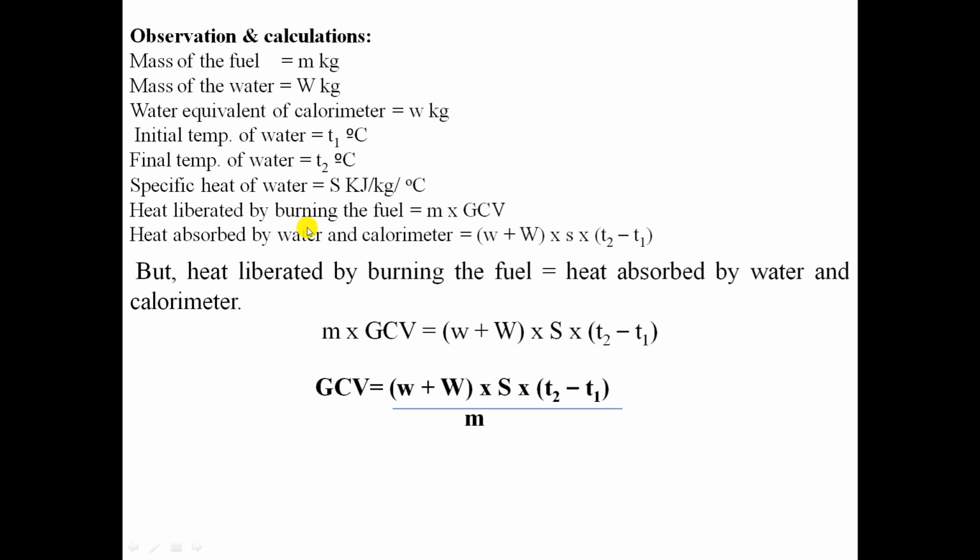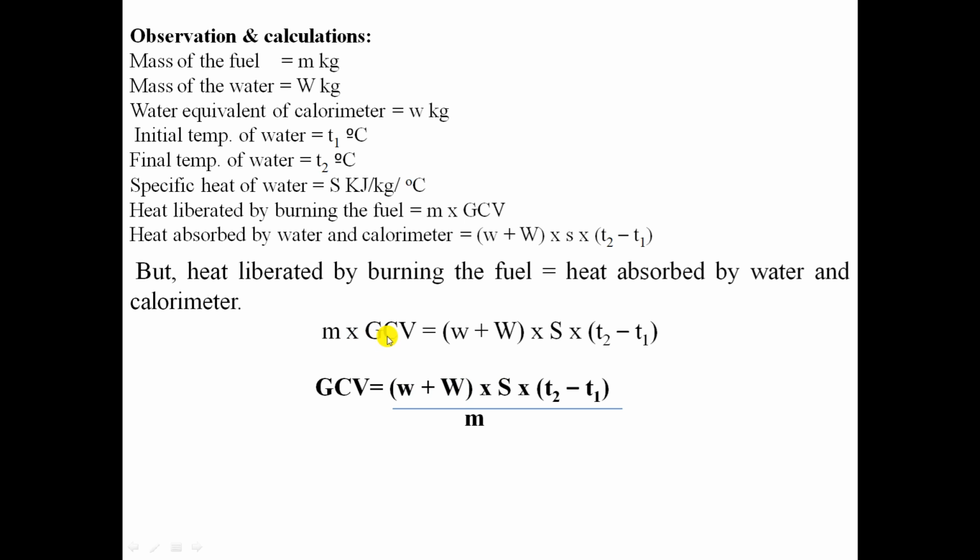Then heat liberated by the burning of the fuel is equal to m into gross calorific value. Therefore, heat absorbed by the surrounding water and calorimeter is equal to weight of calorimeter plus weight of water taken in the calorimeter into specific heat of water into T2 minus T1. But heat liberated by the burning of the fuel is equal to heat absorbed by the water and calorimeter.